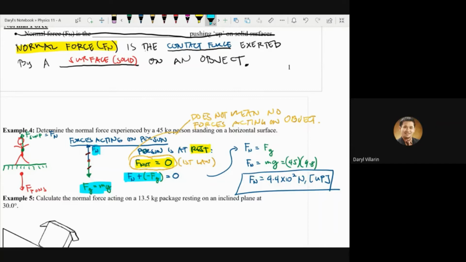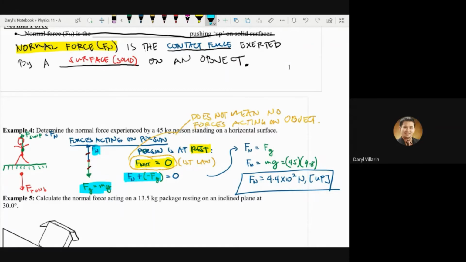Actually, there's no particular problem wherein you can say that you don't have any force. Obviously, if you don't have any force acting on the object, you can set that to 0. But for most problems, you're talking about problems happening on the surface of the Earth, so you have at least gravity there.